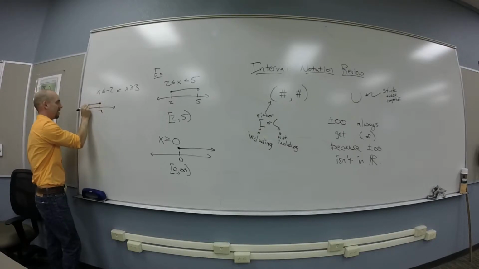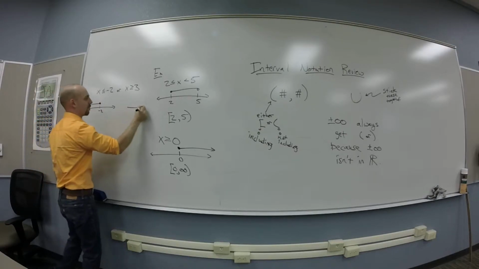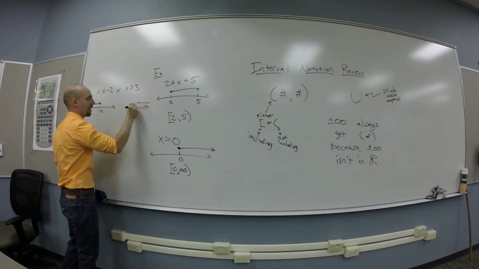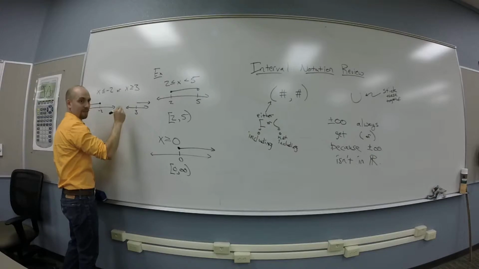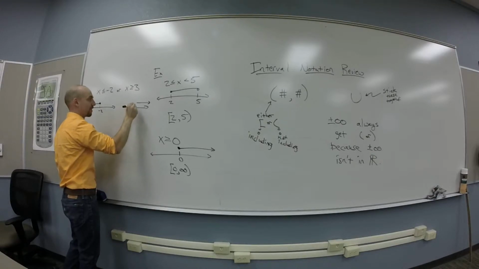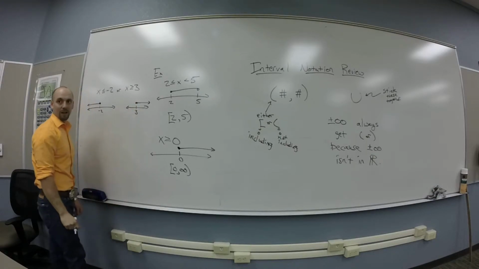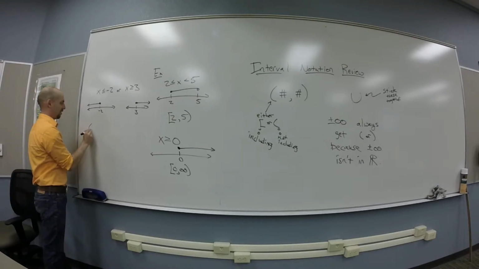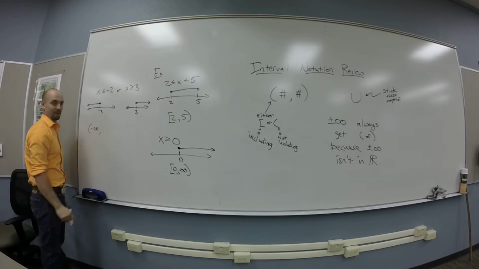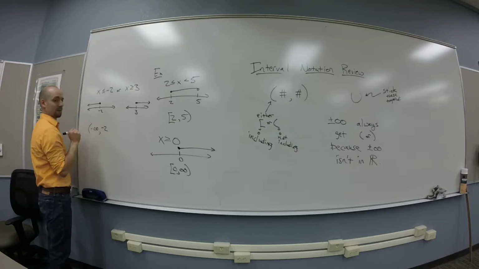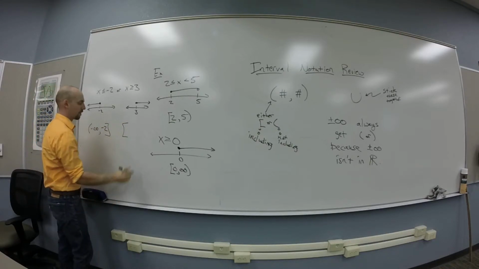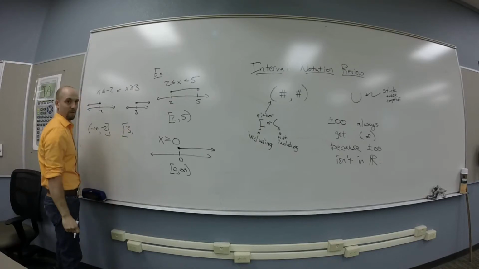This one looks like 3 and goes that way. Open or closed? Closed. So I could write this one as an interval as negative infinity, negative 2 with a closed bracket, and this guy as 3, infinity.